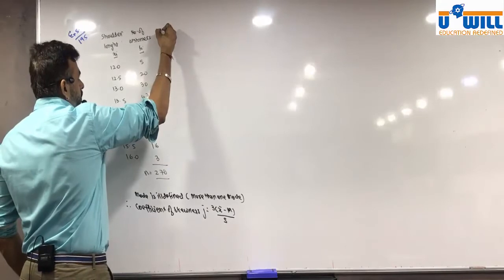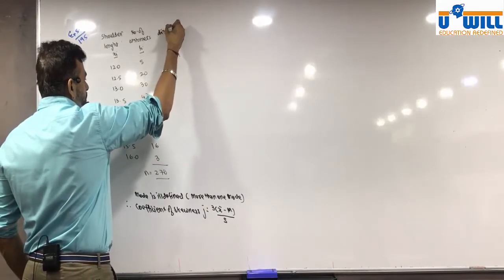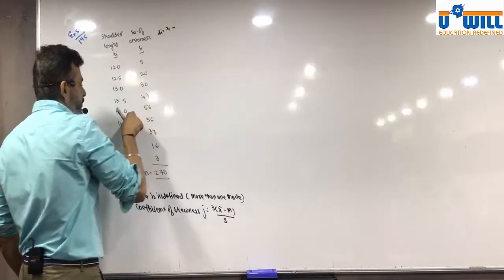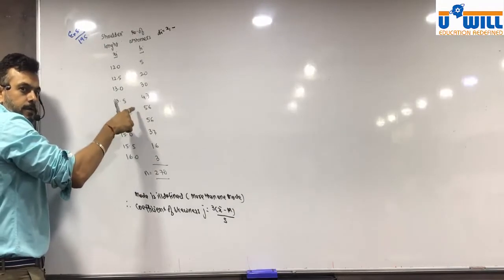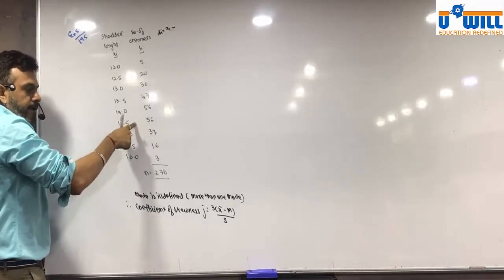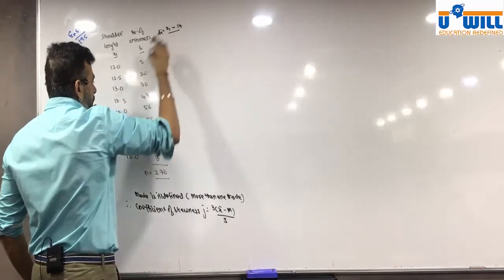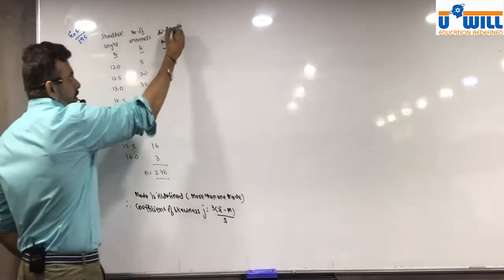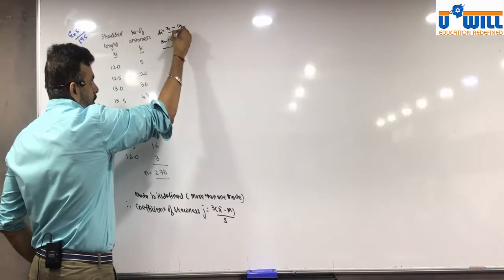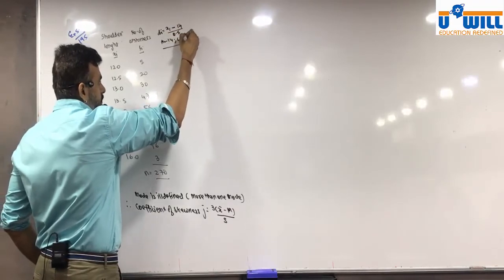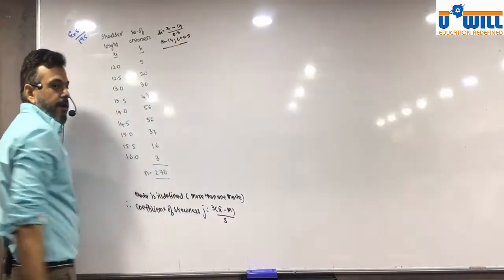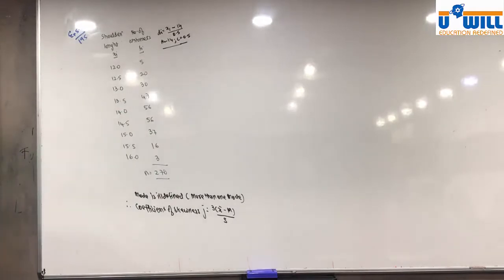Di is equal to xi minus a. We take 14. Want to take 14 or 14.5? Let's take 14. Okay, 14 upon 0.5. You do upon C, which is 0.5. So C is equal to 0.5. It's better. It will be easier.